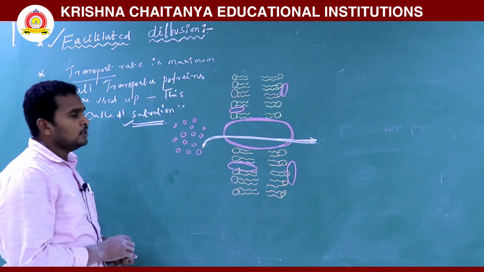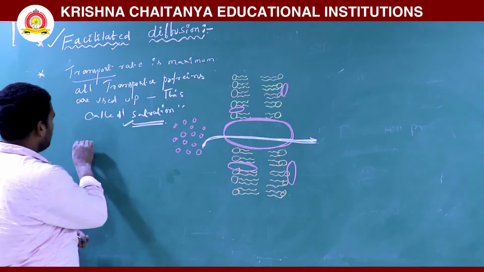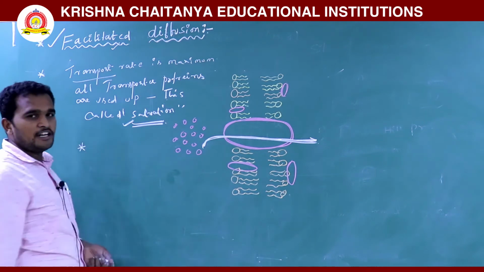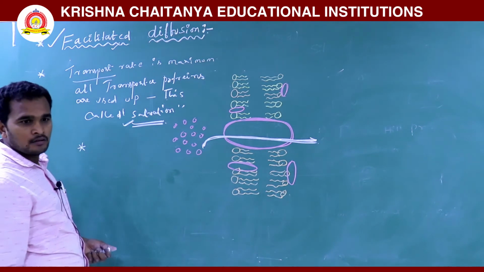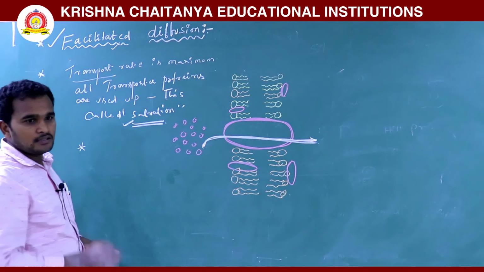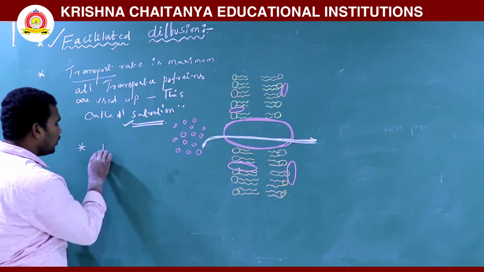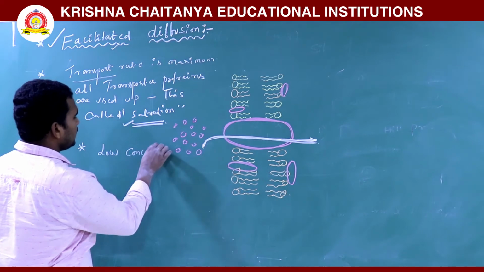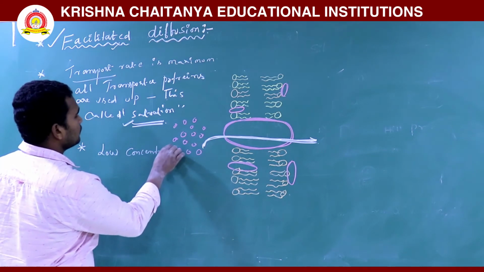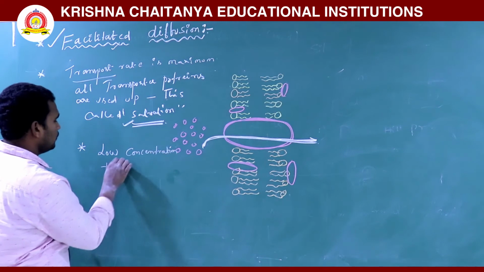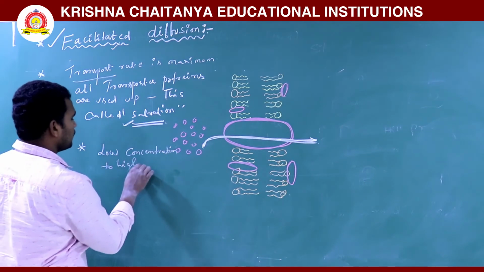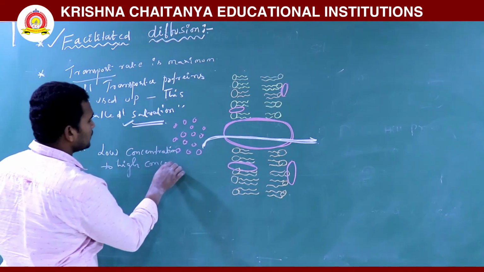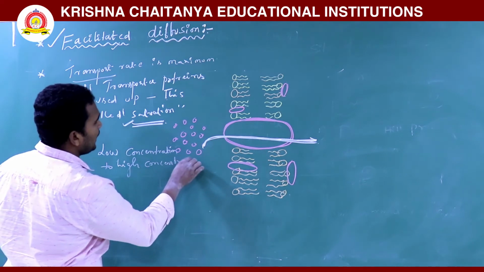See here, facilitated diffusion cannot cause movement from low concentration to high concentration.